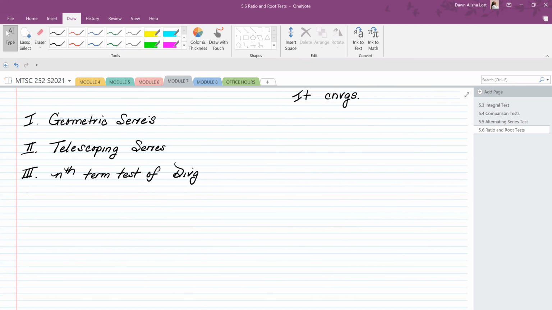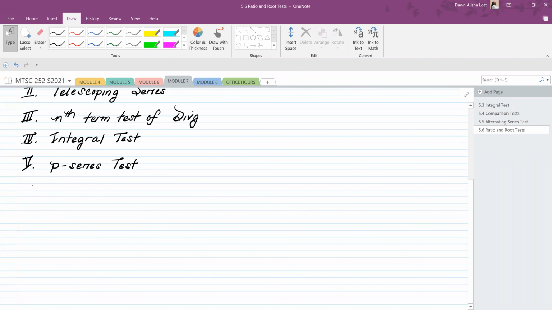And the fourth test was the integral test. Then the fifth test was the p-series. Then the sixth test was the direct comparison test.